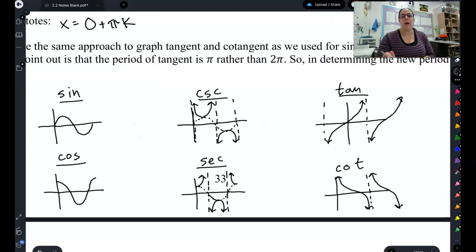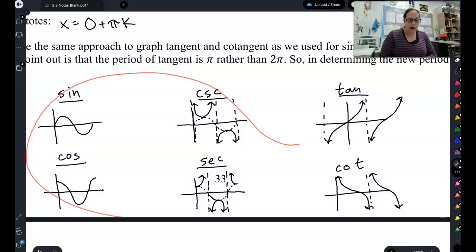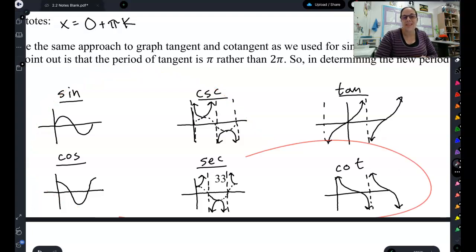So, a couple last minute things I want you to notice on this video. First off, all the graphs except tangent start on the y-axis and move forward. So sine, cosine starts on the y-axis, cosecant starts on the y-axis, secant starts on the y-axis, and even cotangent starts on the y-axis and moves forward.